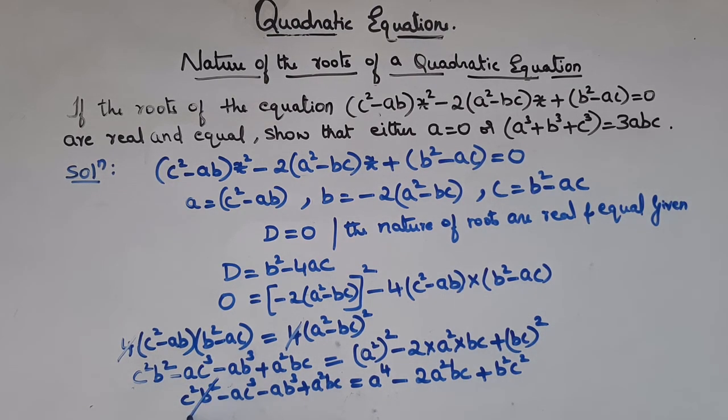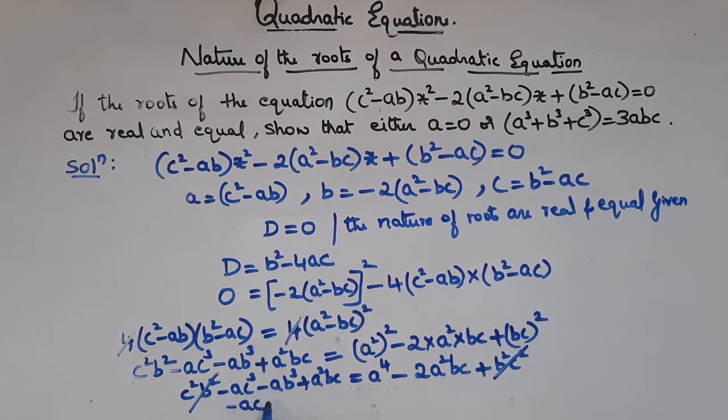So here c square b square will cancel. So now we have minus a into c cube minus ab cube, here plus a square bc, and when we bring this to the left hand side plus 2a square bc, it will be plus 3a square bc, which is equal to a power 4.